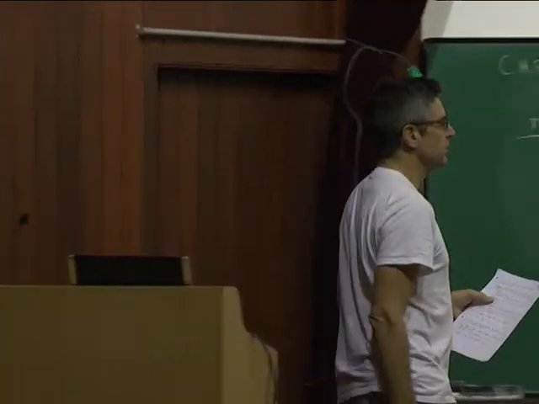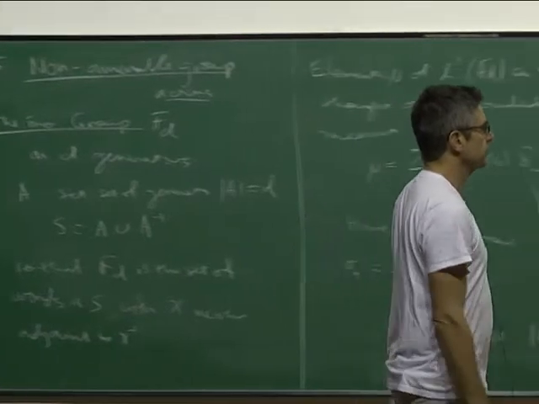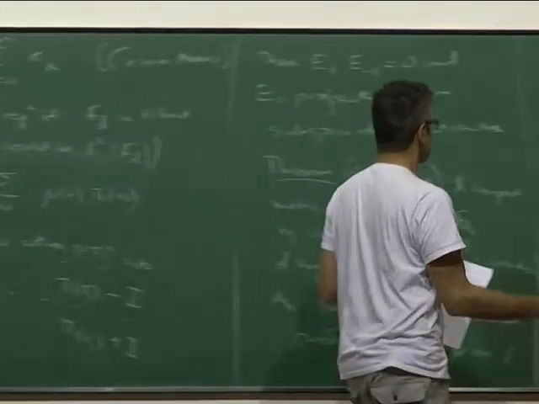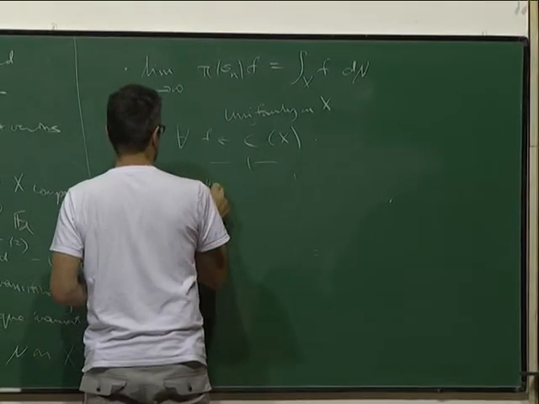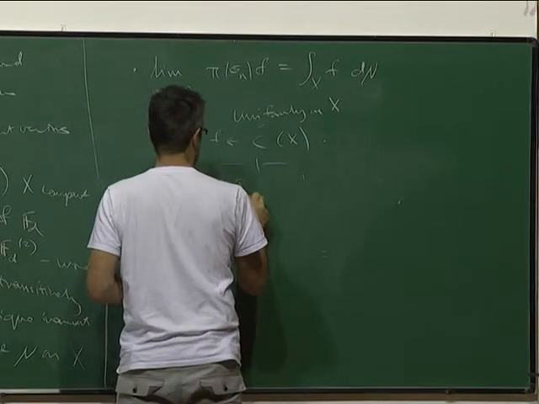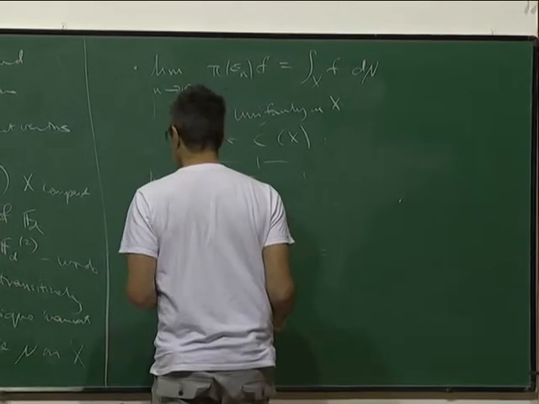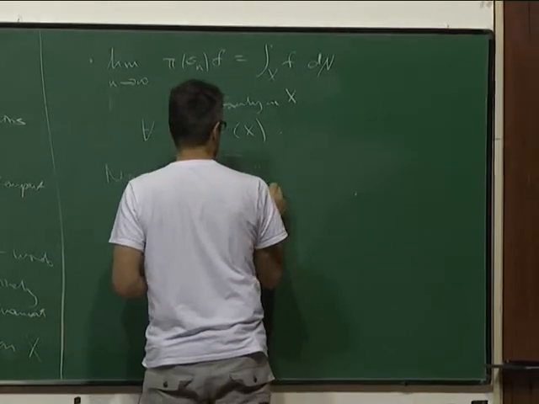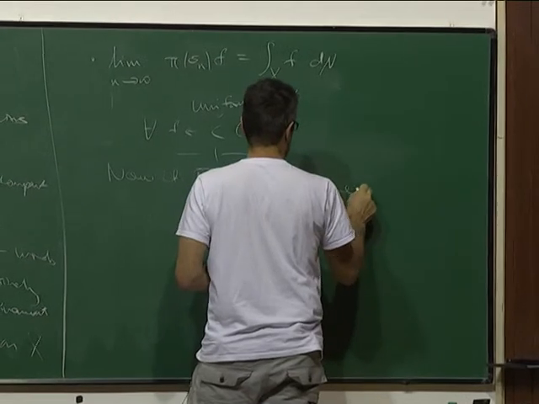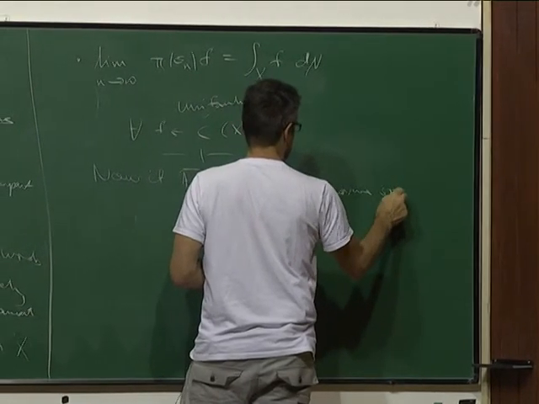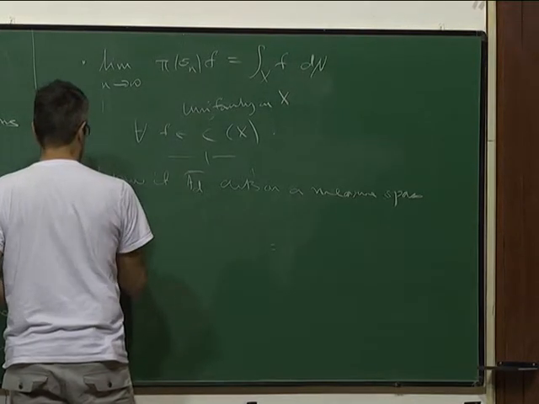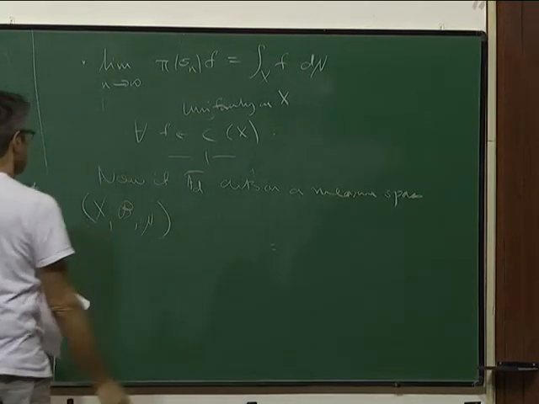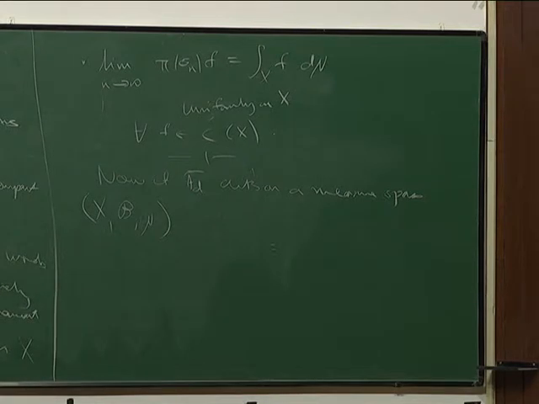There was still the question about, well, now let's suppose that F_d acts on a measure space, not a compact metric space.